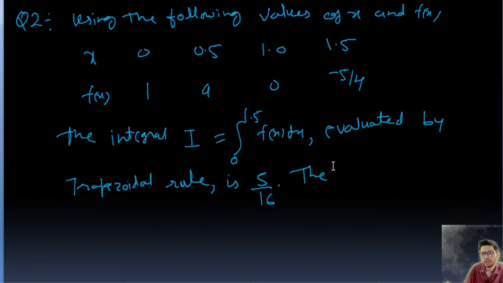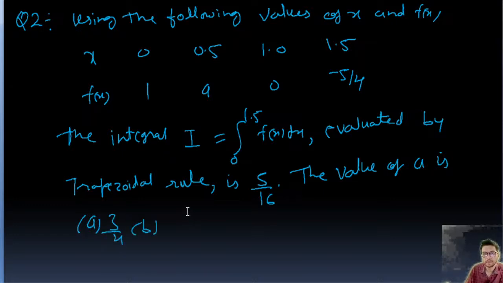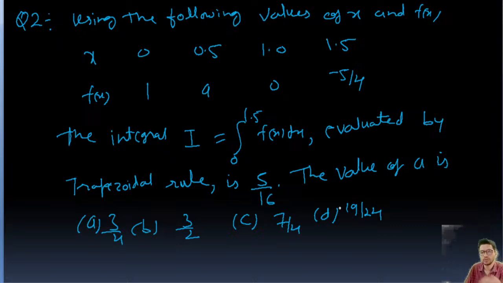The value of a is: option A 3/4, option B 3/2, option C 7/4, and option D 19/24. Okay, so this is the question, guys.